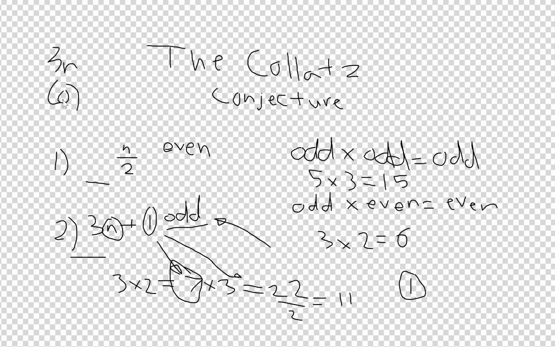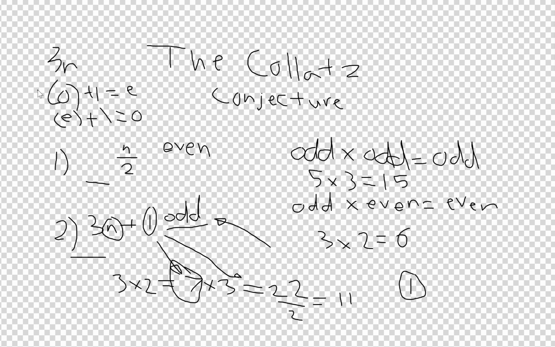And since this O is odd, plus 1 makes this automatically even. Or if we have an odd times an even, this can become an E for even. Plus 1 will result in odd.